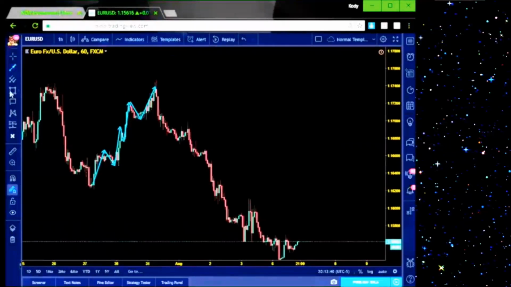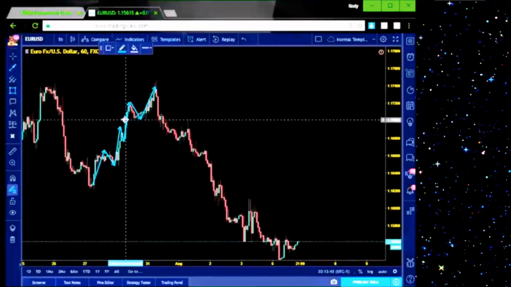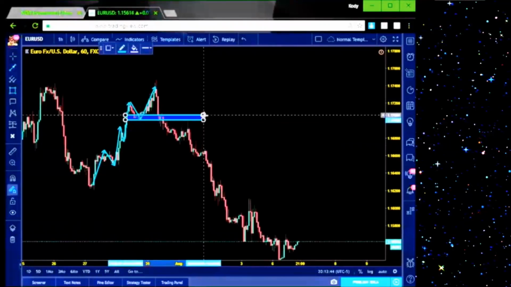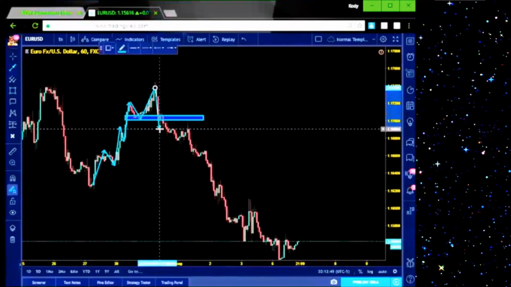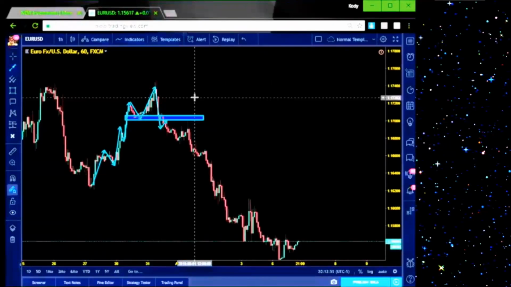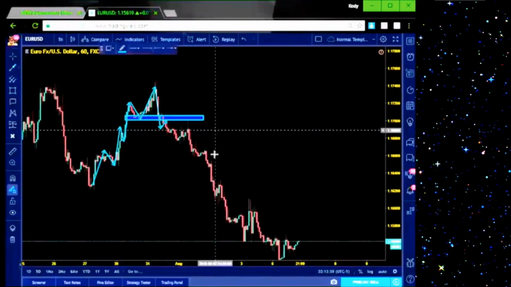Just like this, bullish structure. When the market broke structure right here, what did it do? It went down, right? Because what else is it going to do? It's not going to break structure to the downside and go up.